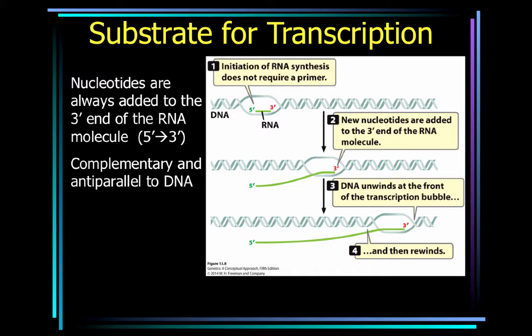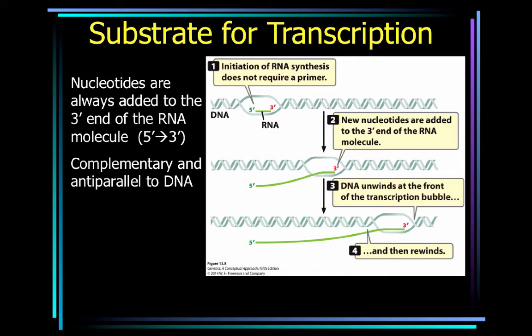So, the messenger RNA strand is going to be synthesized in the 5' to 3' direction, and it's going to be done in a complementary and anti-parallel orientation compared to DNA.